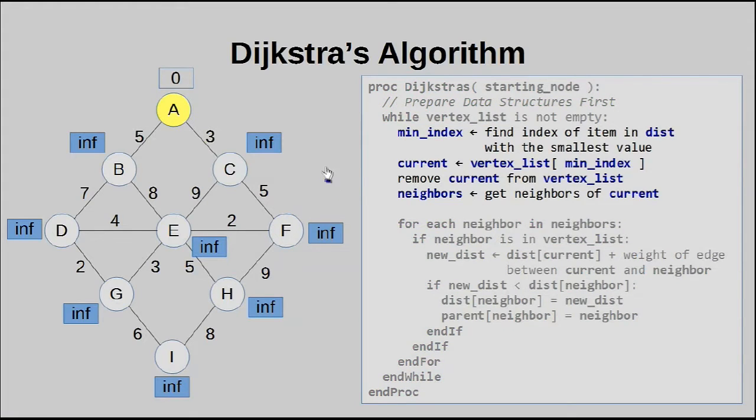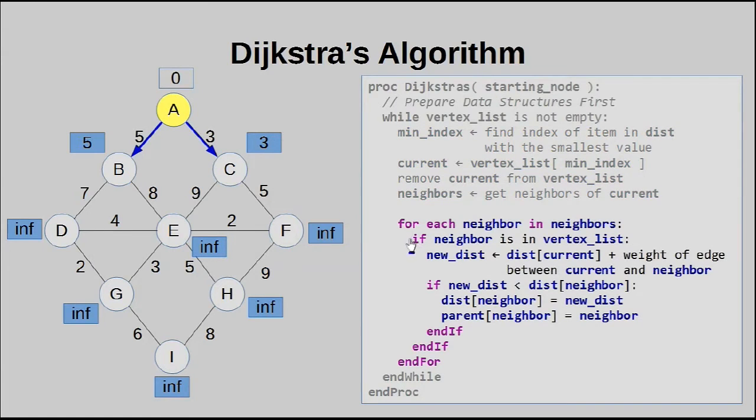In our first iteration here, of course the smallest is A because its value is 0 in comparison to everything else that is infinity. We look at its neighbors, namely B and C. For this first iteration, it's very simple because the distance from A to B is simply the edge weight between A and B. So we're not going to actually trace the important part of the algorithm here.